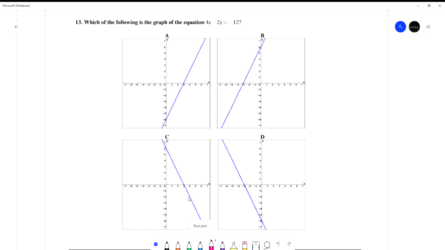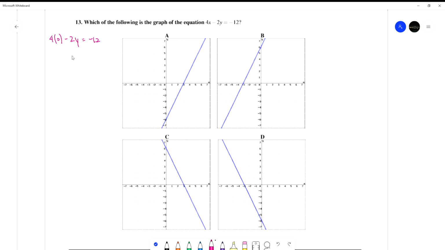Isaiah. So we set x equal to 0, right? So if x is equal to 0, that means you have 4 times 0 is 0, minus 2y is equal to negative 12. So we're covering up the 4x because whenever that variable is equal to 0, it's pretty much gone.